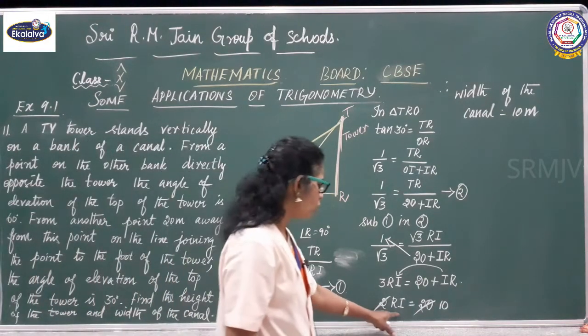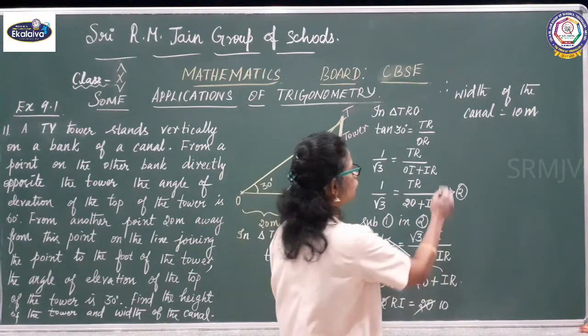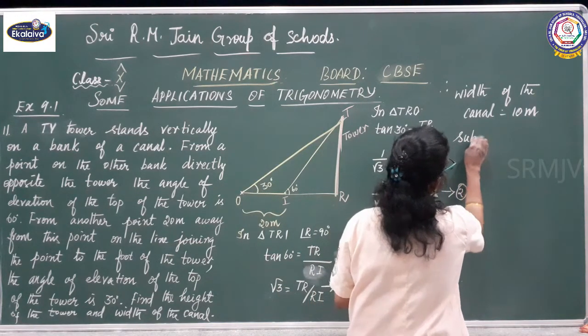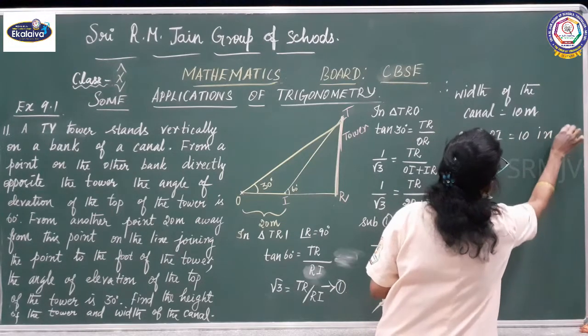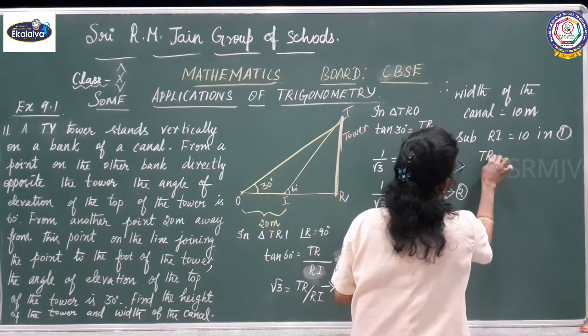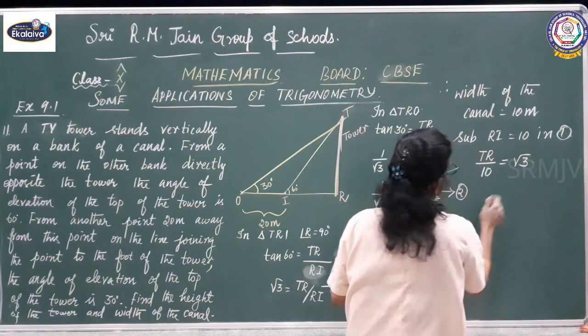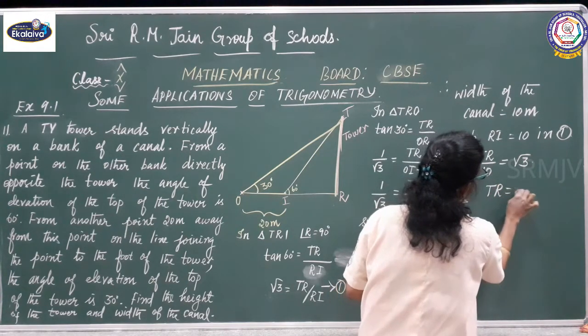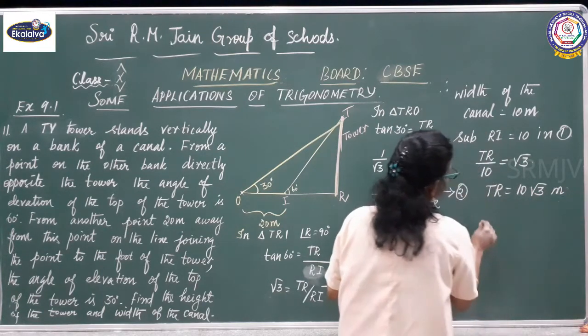What is RI we got? RI equal to 10. Then you have to substitute RI equal to 10 in 1. Then TR divided by 10 equal to root 3. TR equal to 10 root 3 meter.